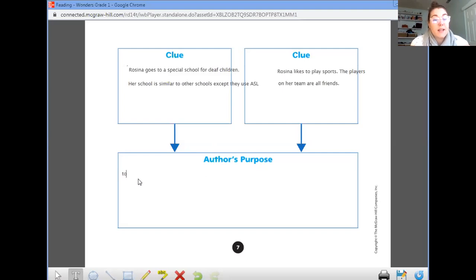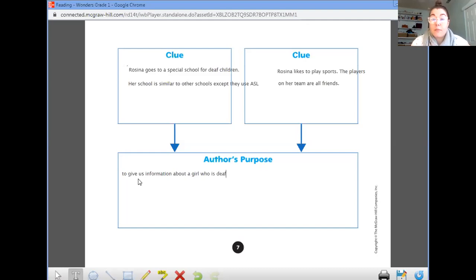So I think it's to give us information about a girl who is deaf, right? So that's one part of it. So it tells us about Rosina. Yes, she's deaf. What is that like?